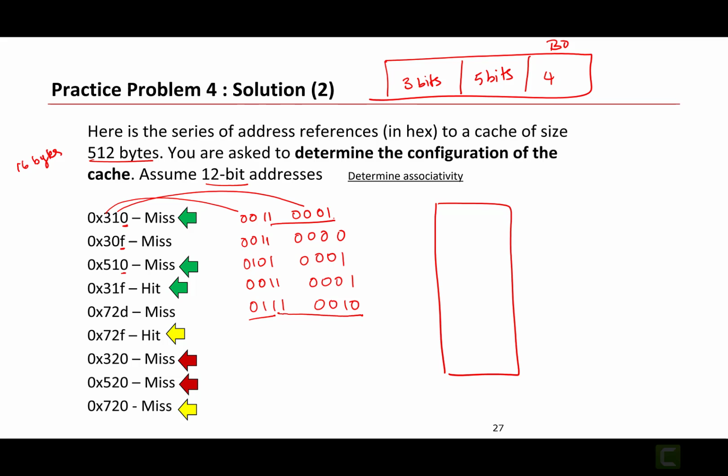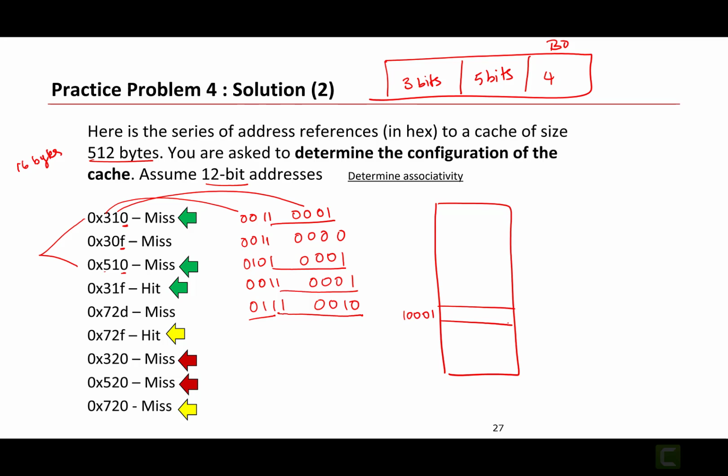You'll also notice that the third address has the same set index as the first address, and the fourth one also has the same set index. So if it was a direct mapped cache, these addresses would map to the same set index, which is 10001, which is really 17.